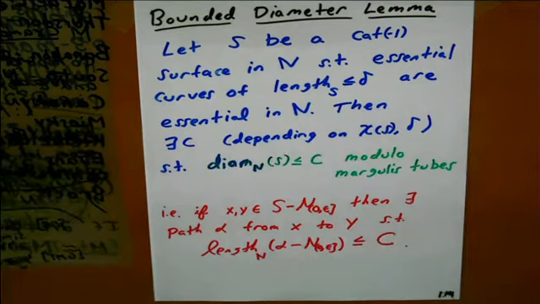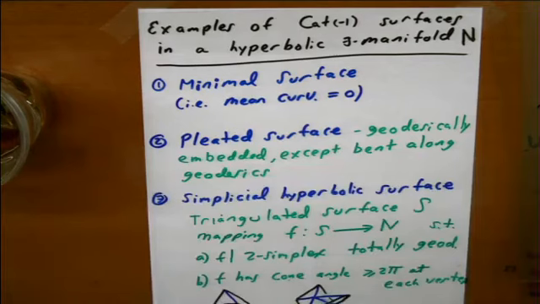One is minimal surfaces, with mean curvature equal to 0. Then pleated surfaces, which are geodesically immersed surfaces. They're not smoothly embedded, they might be bent along geodesics.